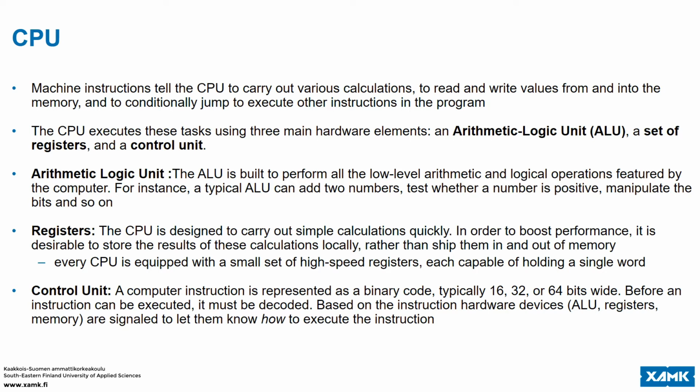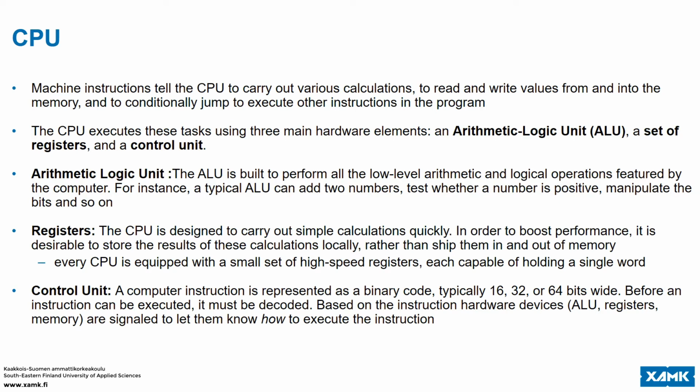So from the previous slide, you remember this word length, basically how long those instructions or data items are. Usually they are 16, 32, 64 bits wide, which is why in modern times we speak of 64-bit processors, for instance.